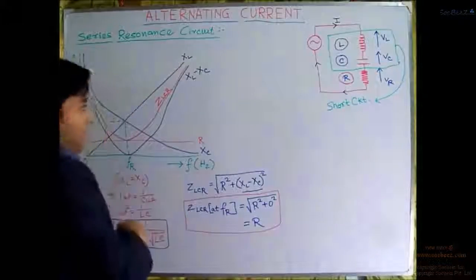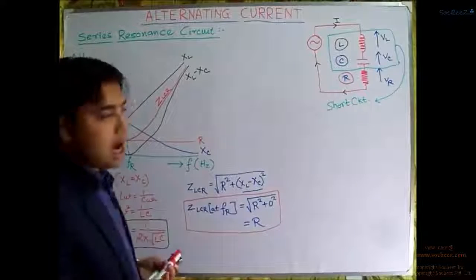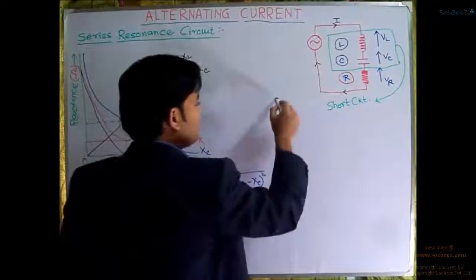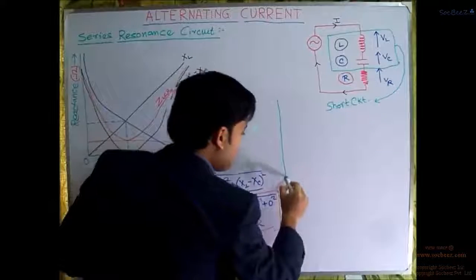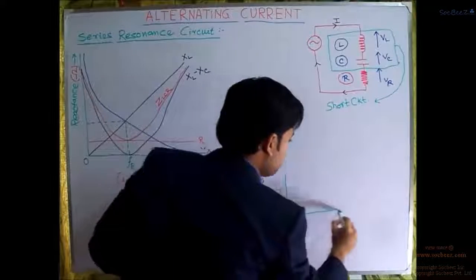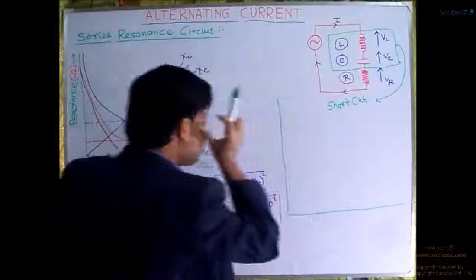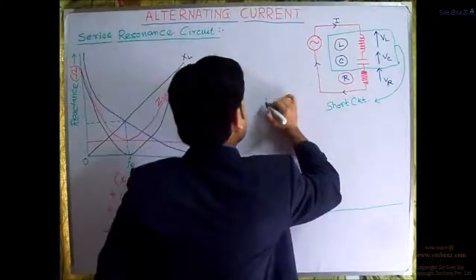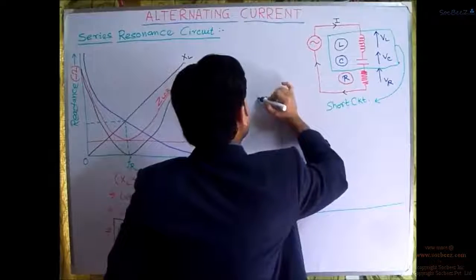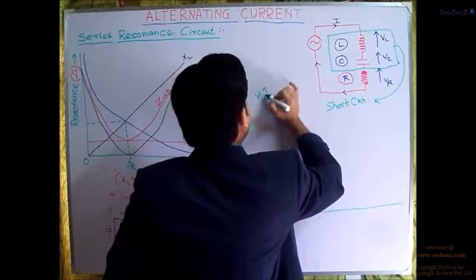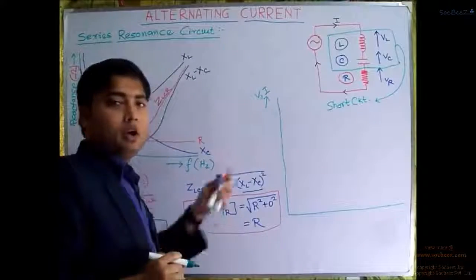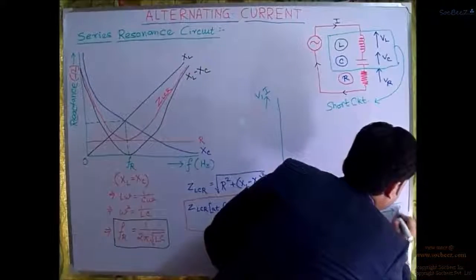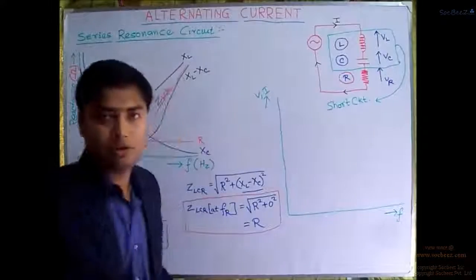Now, if we wish to draw another graph, say for example in this graph we wish to find out V and I respectively on this axis, and again over here the frequency in hertz. Right?